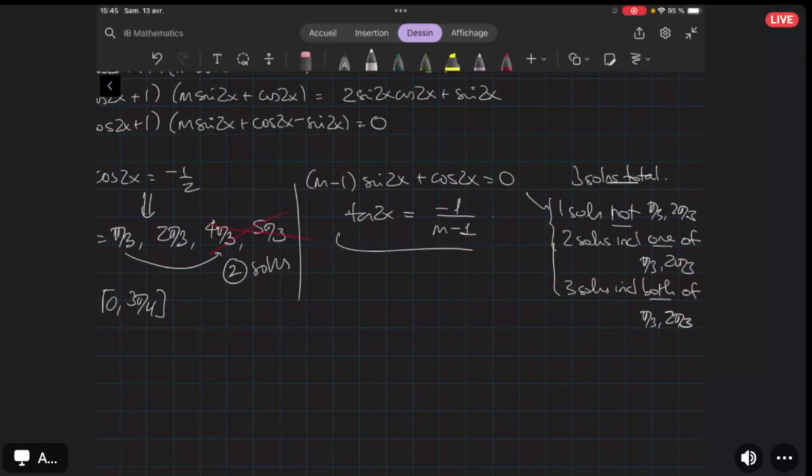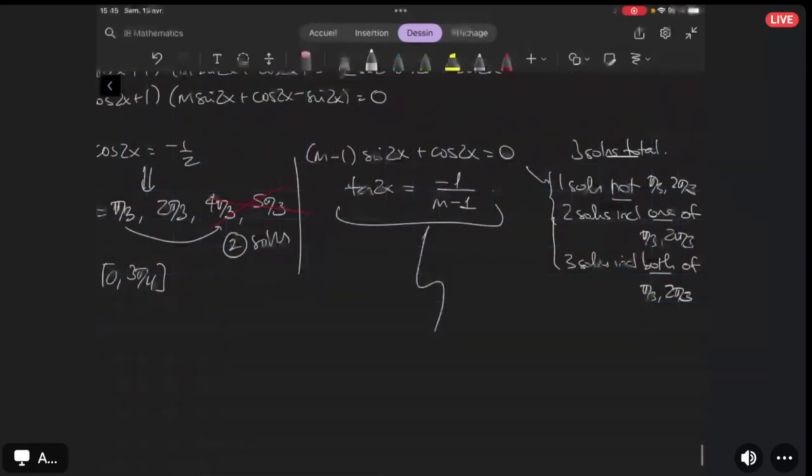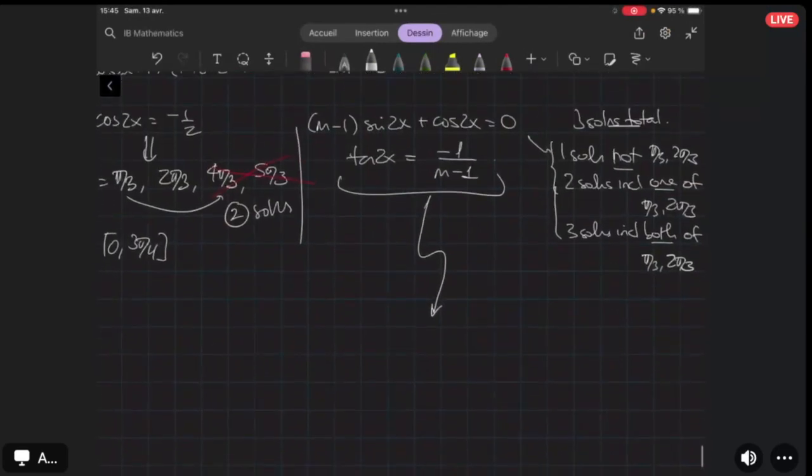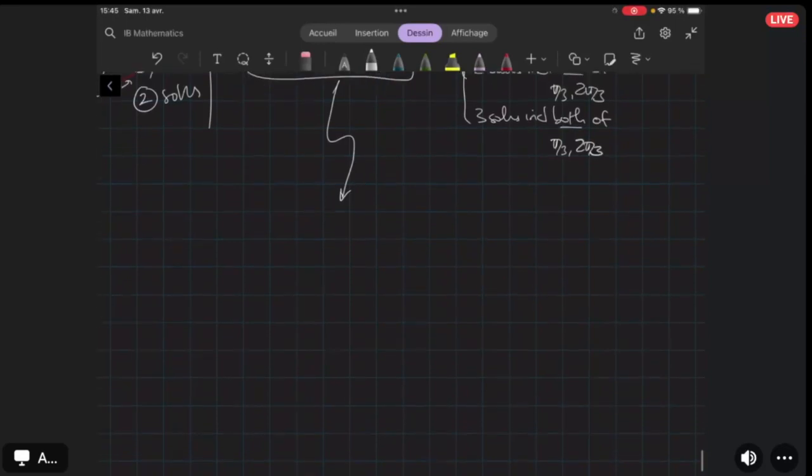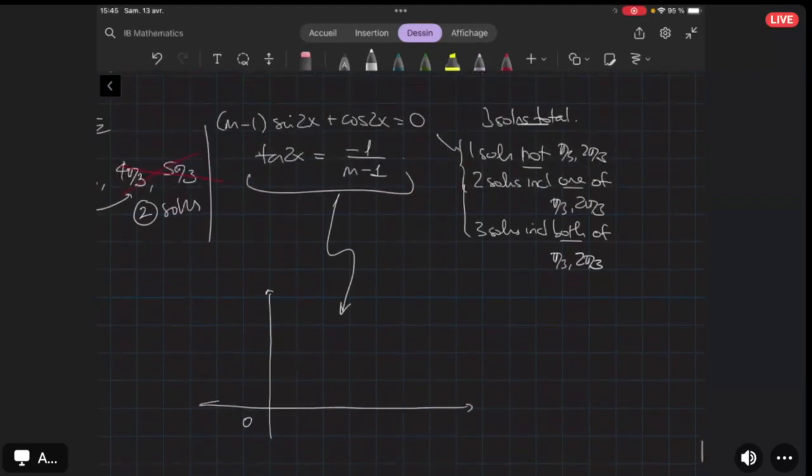We will get this guy. And we know that this equation had... And then we're going to consider each of the 3 cases. Let's sketch it out. Tan of x will have an asymptote at pi over 2.